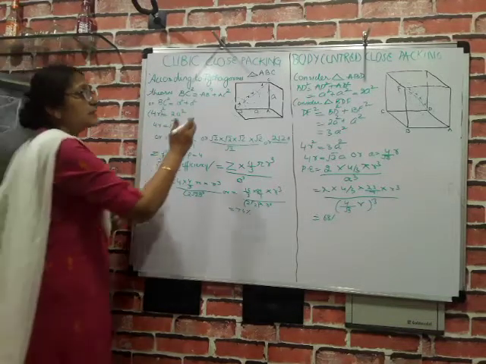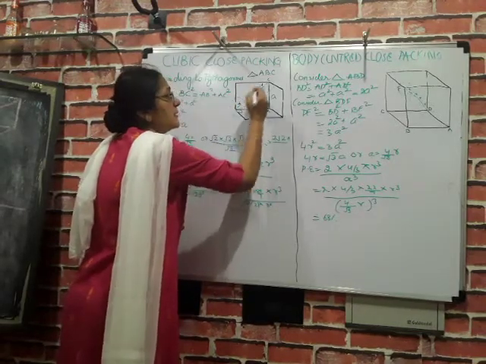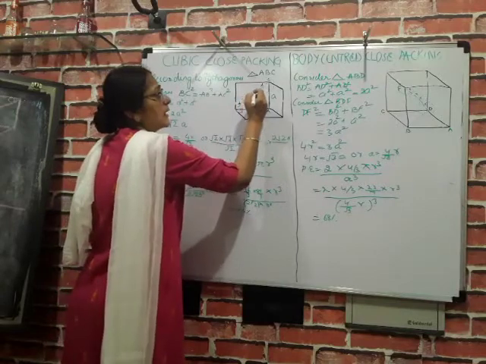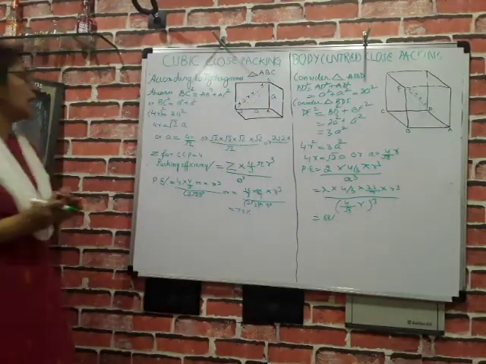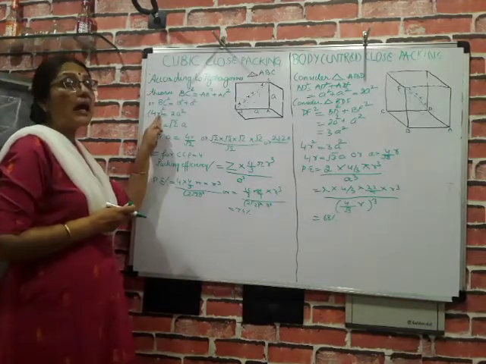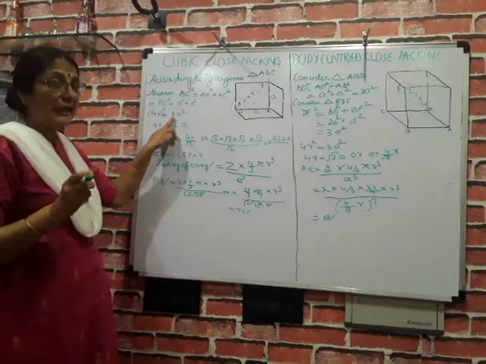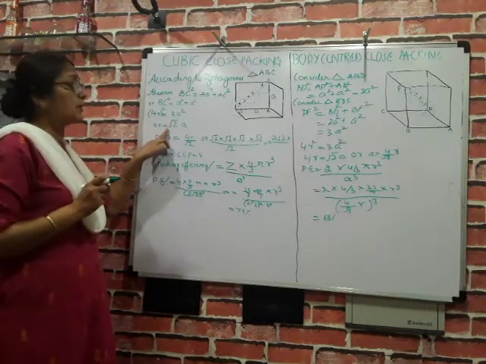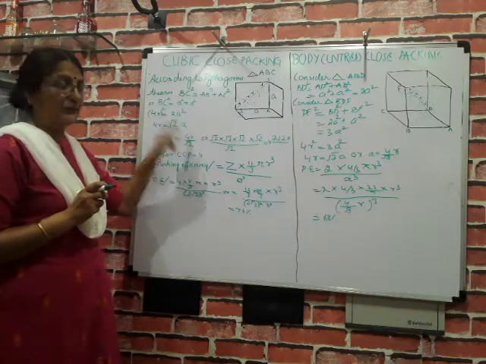Also, as we can see in the diagram, this BC is equal to R plus R plus R plus R, that is 4R. So instead of BC, I could write 4R square. This is equal to 2A square, or 4R equals square root of 2 into A.